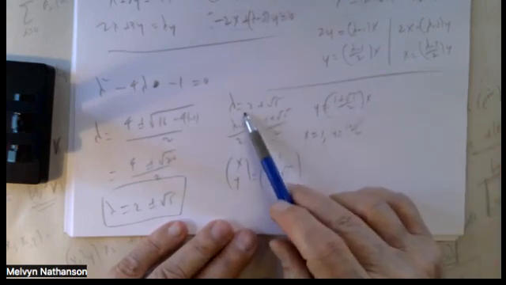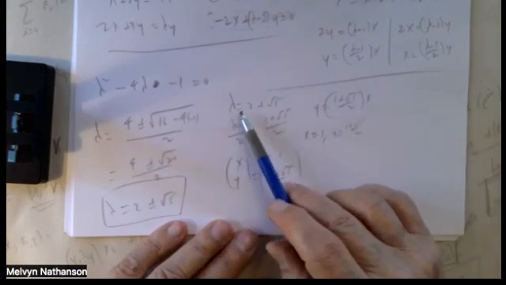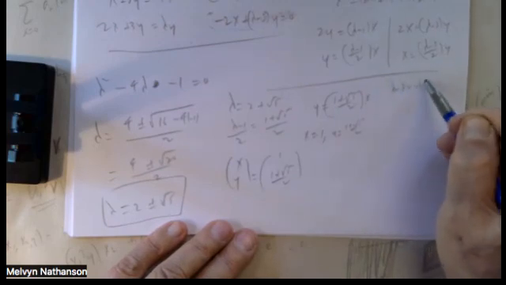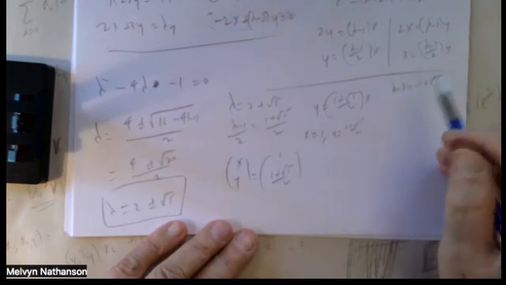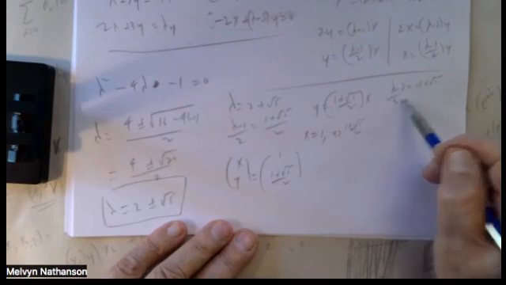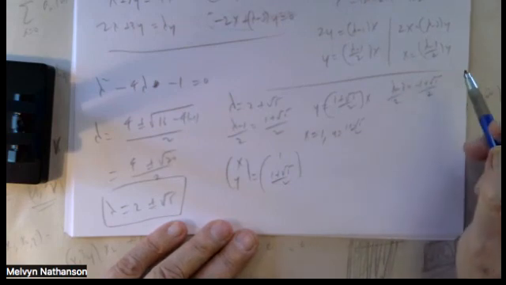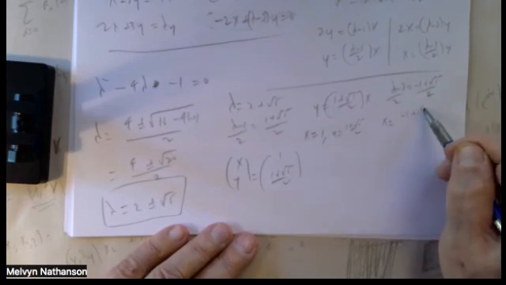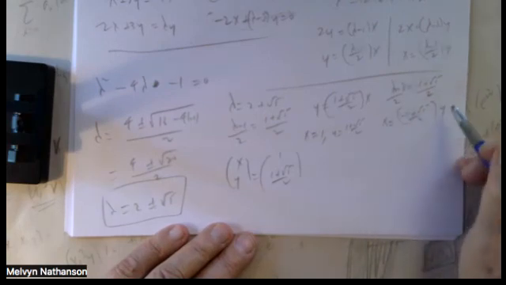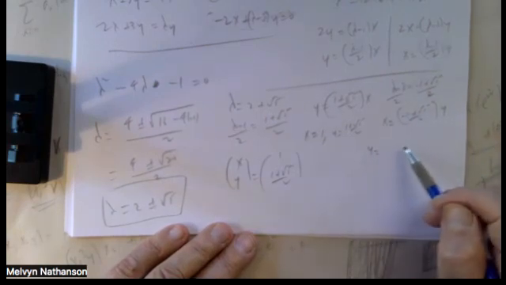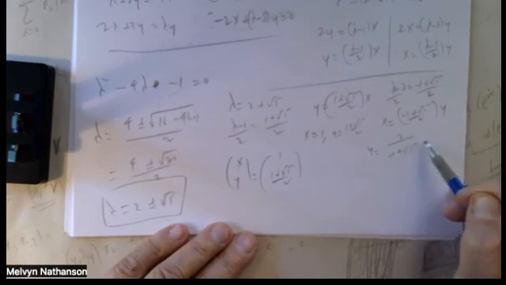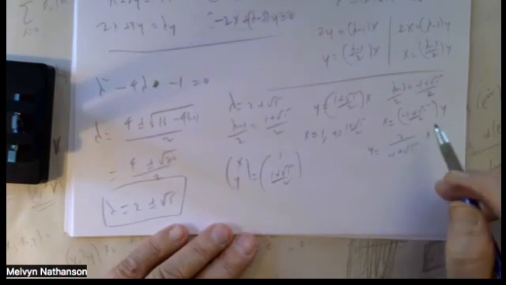Let's just do an experiment. If I take lambda minus 3, that's minus 1 plus root 5. So lambda minus 3 over 2 is minus 1 plus root 5 over 2. So x is (minus 1 plus root 5) over 2 times y, where y is 2 over (minus 1 plus root 5) times x.